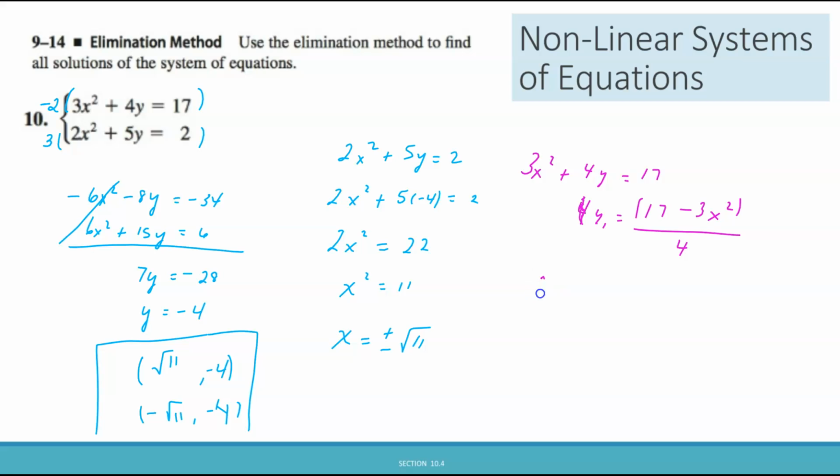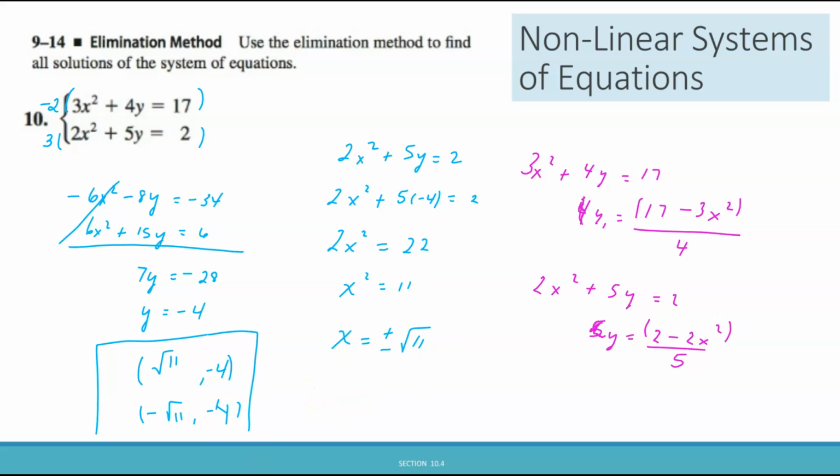Okay, so then we have 2x squared plus 5y equals 2. And so we have 5y is equal to 2 minus 2x squared. Okay, so we're going to divide both sides by 5. And again, I'm not even going to simplify and let the calculator do the work.